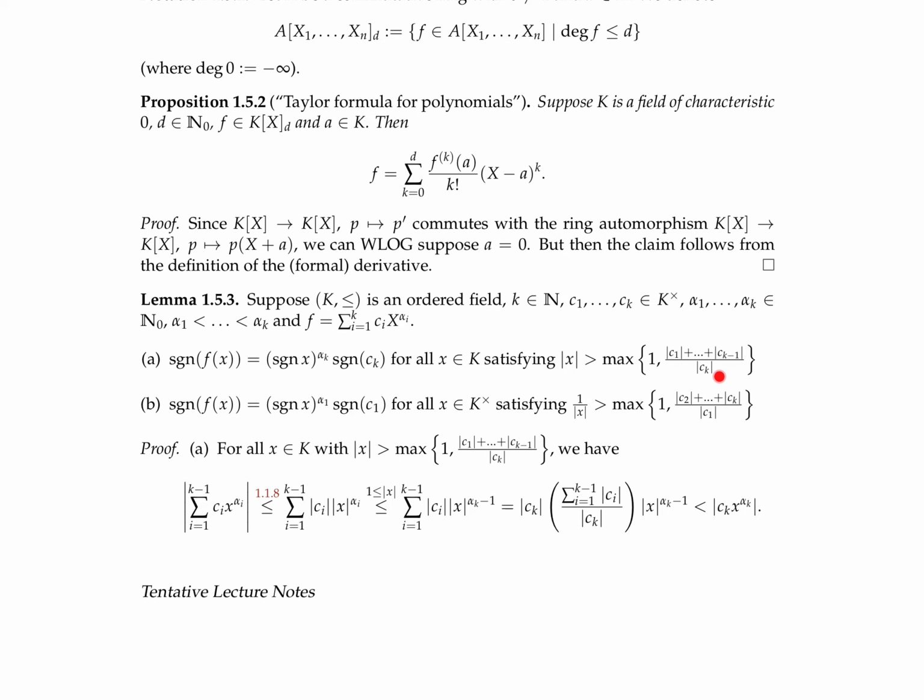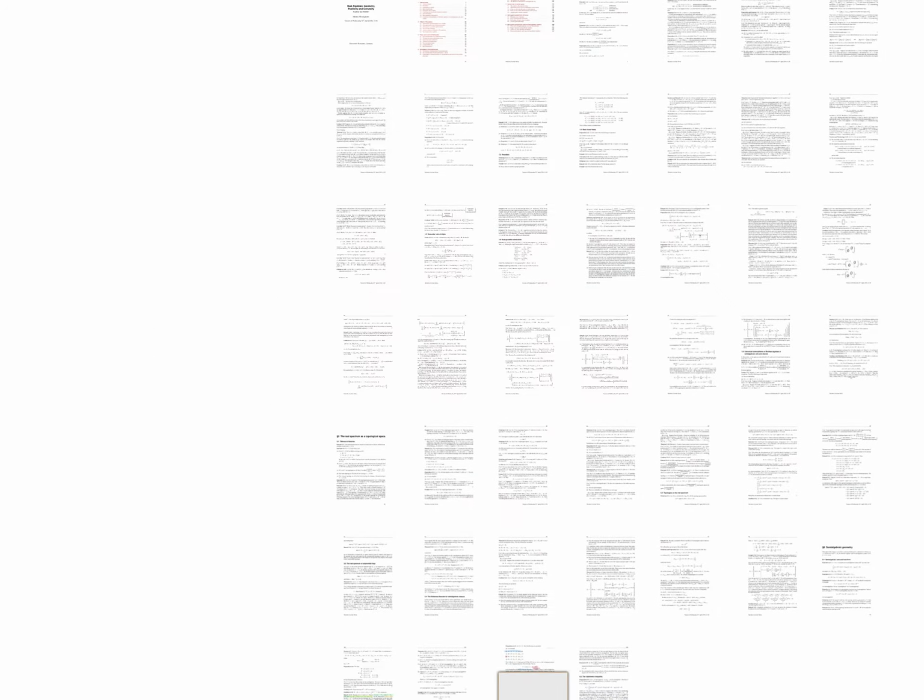So you know that the sign, when the absolute value exceeds some element from K, does not change anymore, or depends just on the sign of a point where you evaluate.